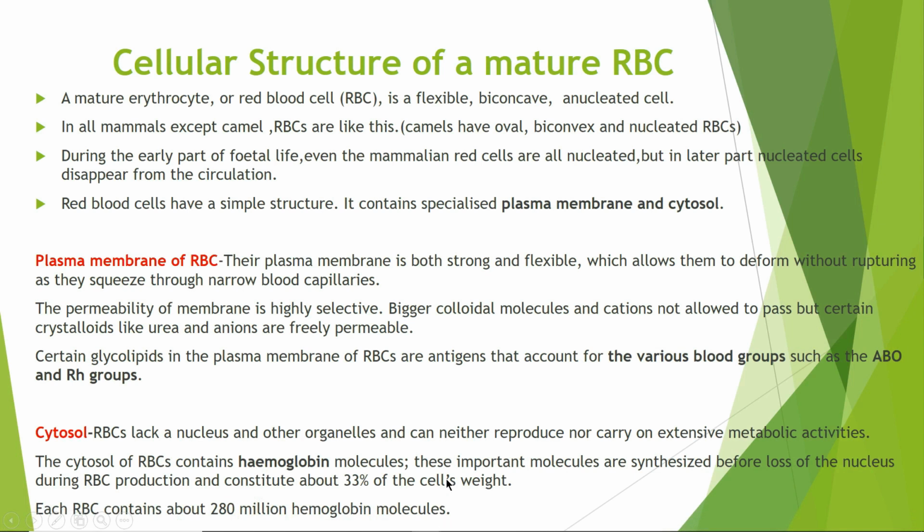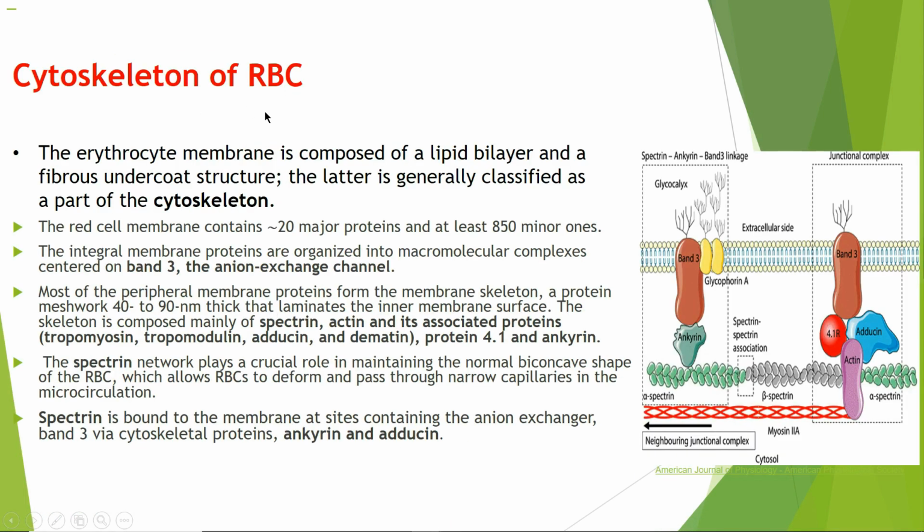Now let's talk about the cytoskeleton of RBCs. The RBC's plasma membrane is just like a normal plasma membrane with a lipid bilayer, but this lipid bilayer has some special proteins inside, like some integral proteins that we are going to discuss. The red blood cell membrane contains around 20 major proteins and at least 850 minor ones, so this is a huge number.